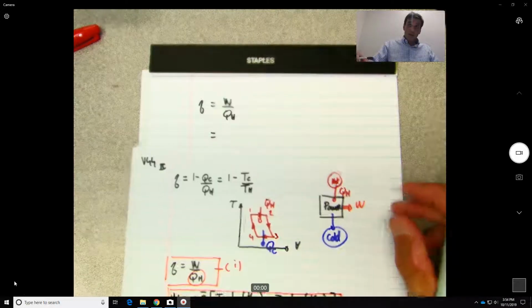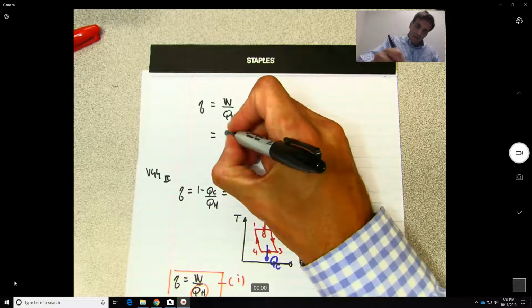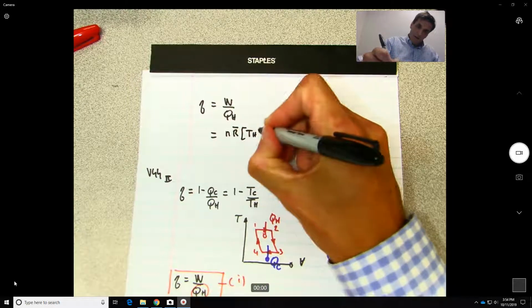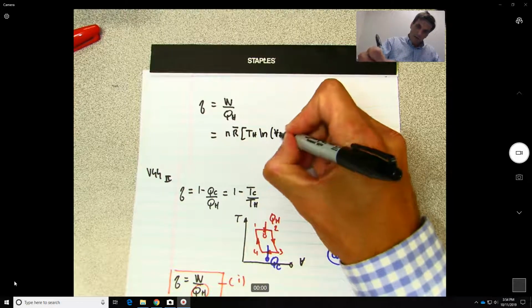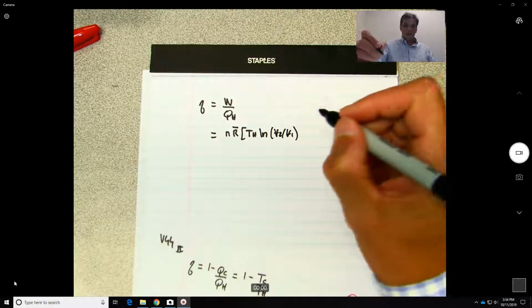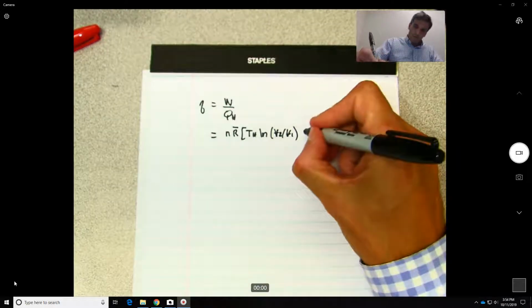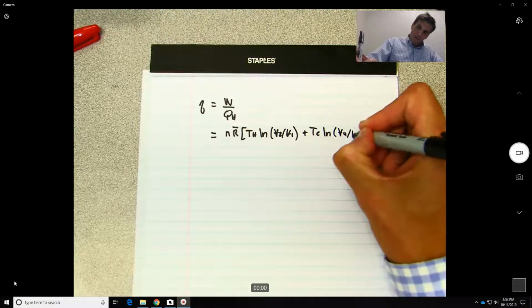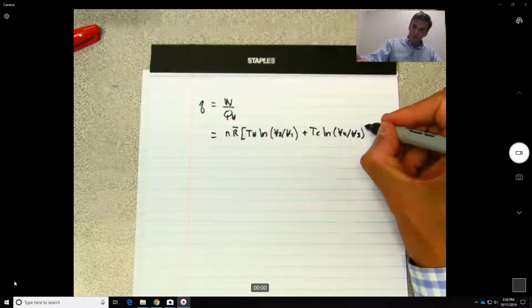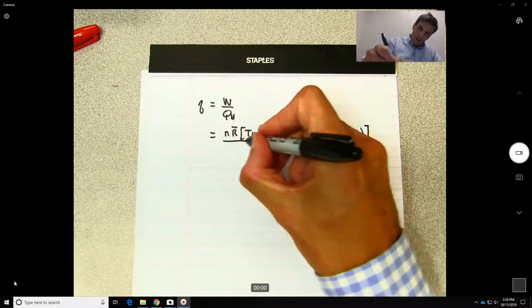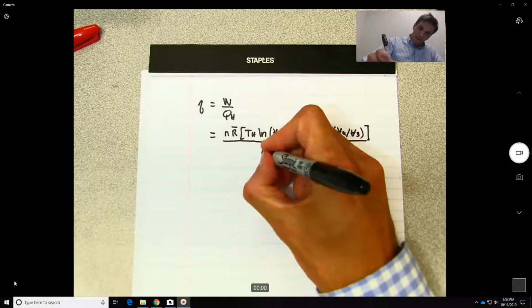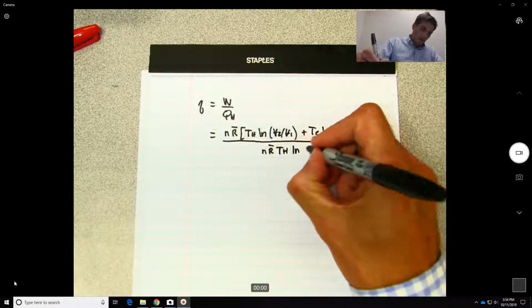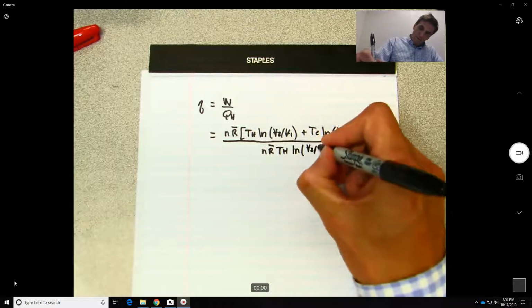So we're going to have on top N R bar T hot log V2 over V1 plus T cold log V4 over V3, and all this divided by N R bar T hot log V2 over V1.